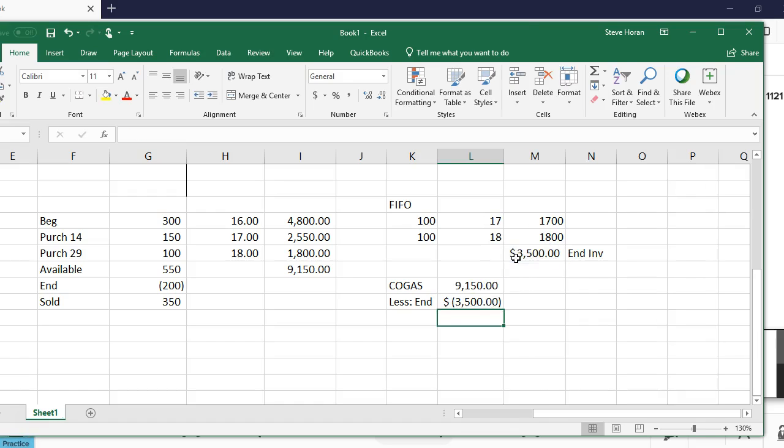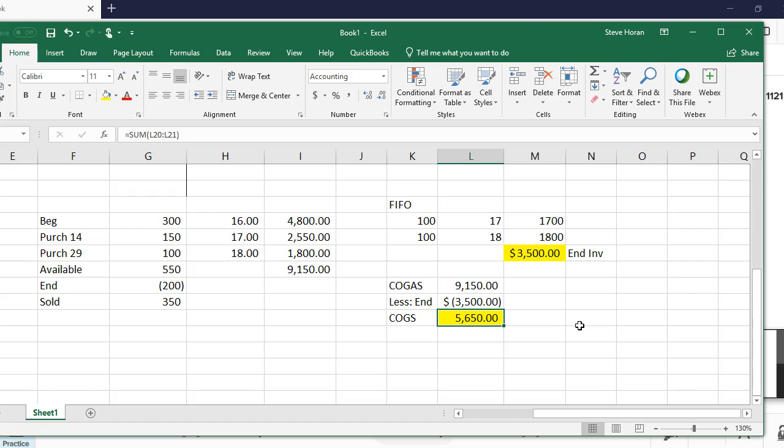And so the difference of the two is my cost of goods sold. Add that up, and we get 5,650. So that is my answer right there. So essentially the two things we're wanting to compute was ending inventory value and my cost of goods sold. So that's how we did that for FIFO.